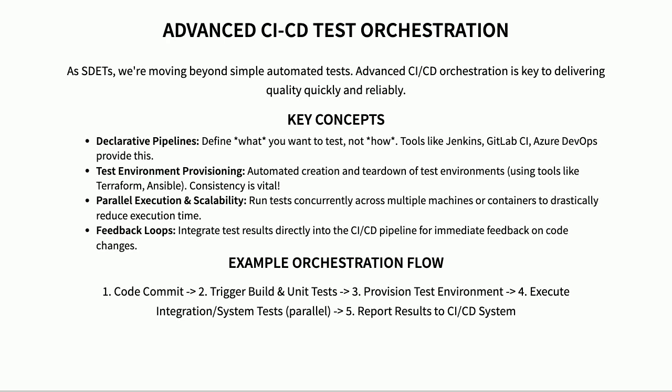Then, automated environment provisioning is crucial. We need to make sure our test environments are always consistent. Parallel execution allows us to run tests concurrently, massively speeding things up, and integrated feedback loops let us see the impact of changes immediately. Think about it as a well-oiled machine delivering reliable results.